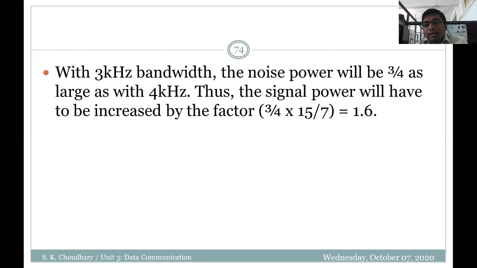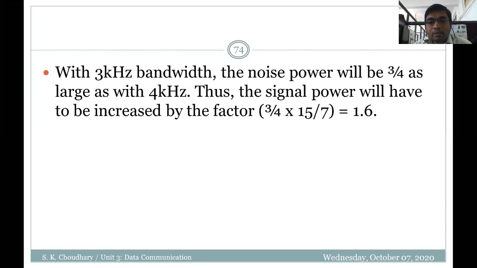With 3 kilohertz bandwidth, noise power will be 3 by 4 as large as with the bandwidth of 4 kilohertz. When you decrease the bandwidth, your noise power will also decrease, because we know that N is equal to N naught B. So if the noise bandwidth is decreased by 25%, your noise power would also decrease by 25%.